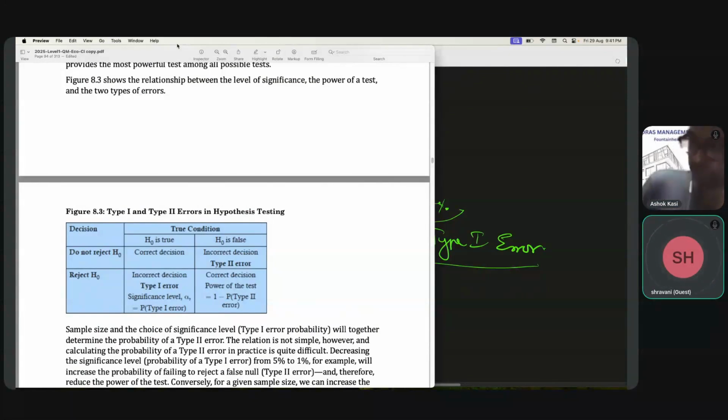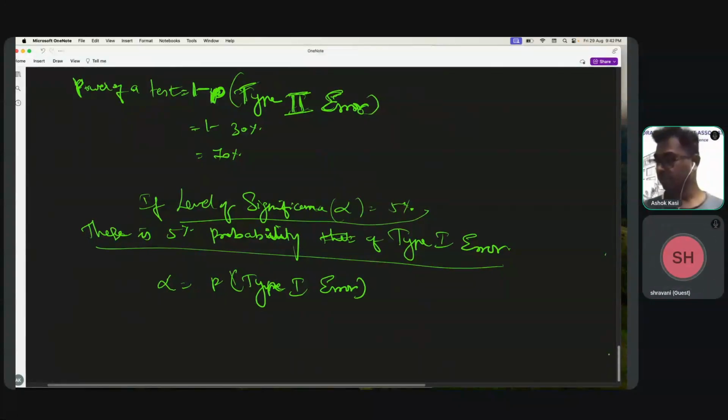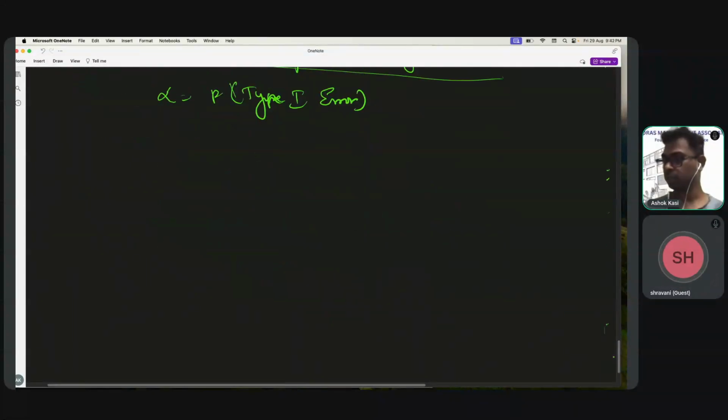And power of test is only applicable for type 2 error. 1 minus probability of type 2 error is power of test. Normally 95% is the one accepted, but imagine you are a very strict researcher, it is up to you, you may go for 90.